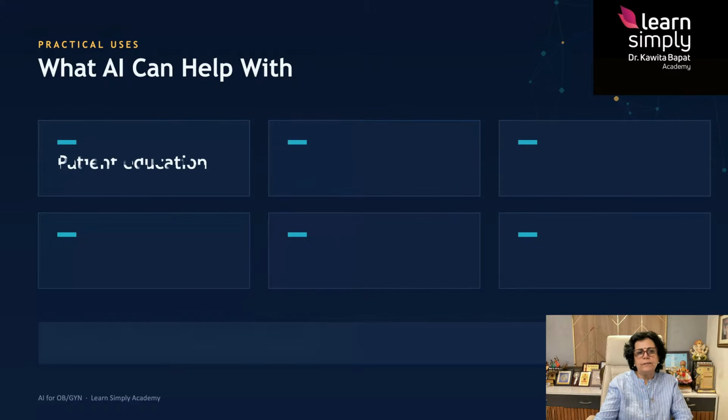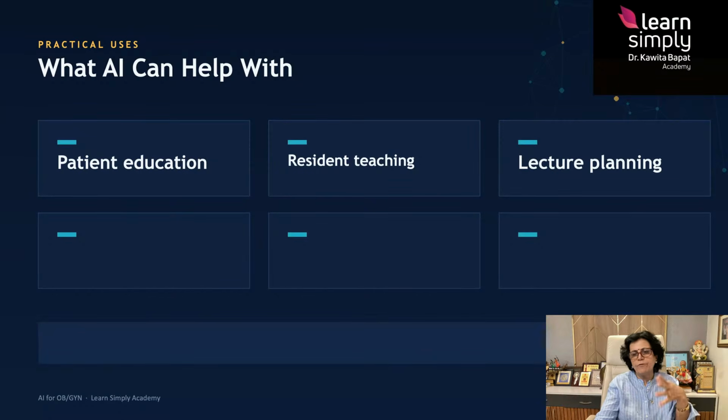Now, practical uses. How can it help us in patient education? If you want to give some pamphlets to the patients, we can educate the patient with AI's help. If you are in a teaching sector, you can teach the residents. If you are planning lectures, we can plan the lectures, MCQs, and Viva preparations with AI.